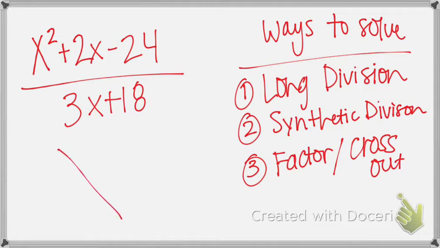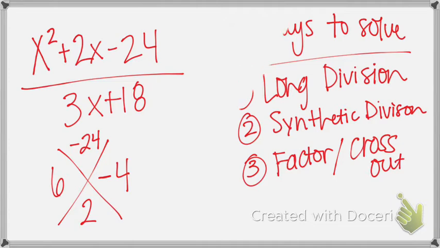So let's do the big X. What's going in the bottom of that X? 2. And in the top? Yep. All right. What multiplies to negative 24 and adds to 2? Not negative 6 and 4, but 6 and negative 4. Yeah.